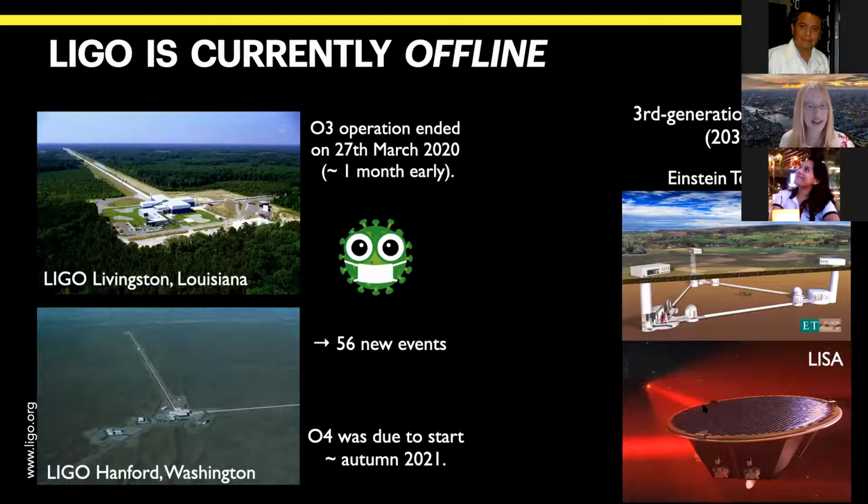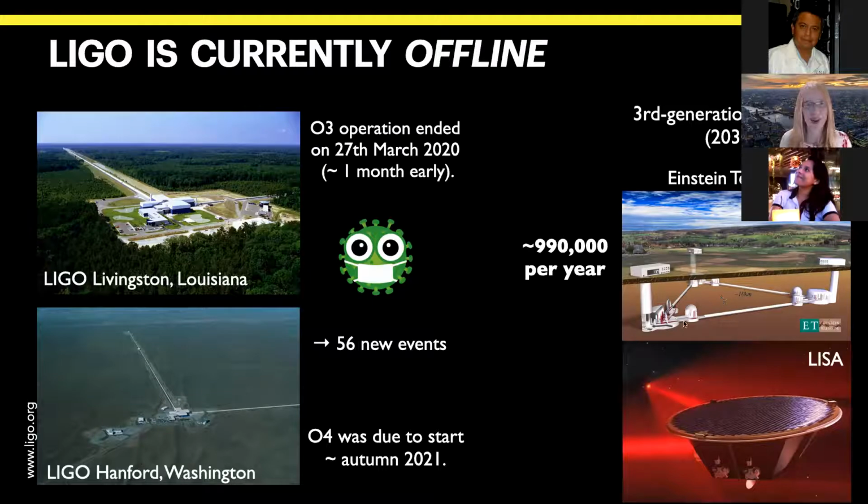And where things get really crazy is with the expected detection rate of some of these experiments. So the Einstein Telescope is expected to detect just under 1 million events per year. 1 million events per year. And this thing could easily operate for 10 years or more.